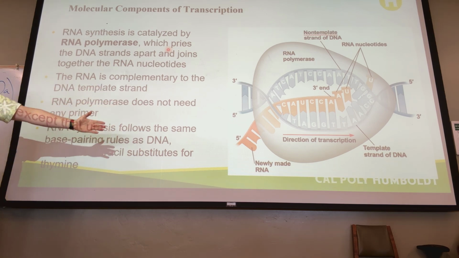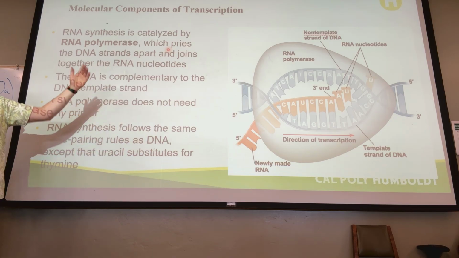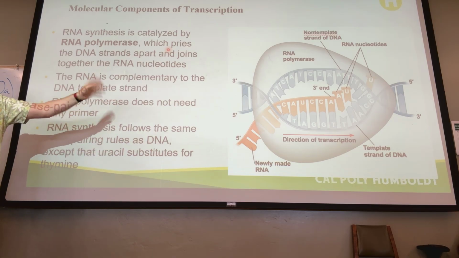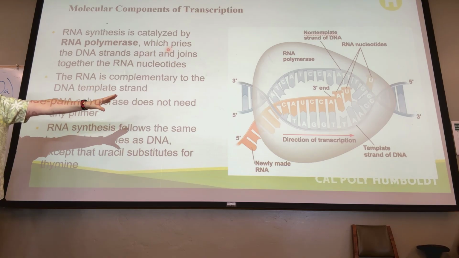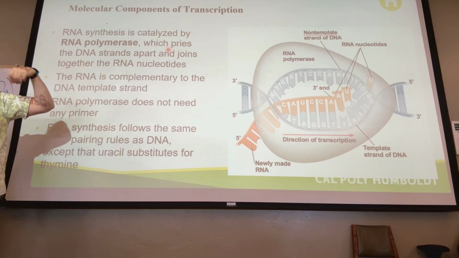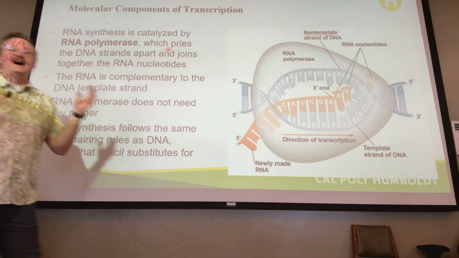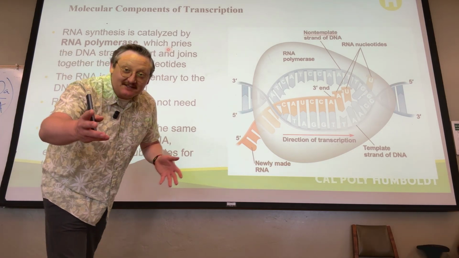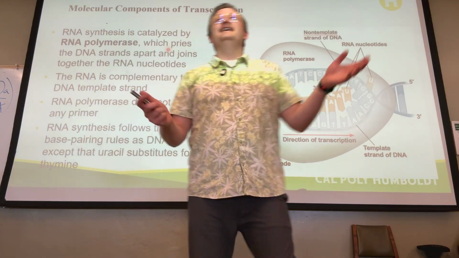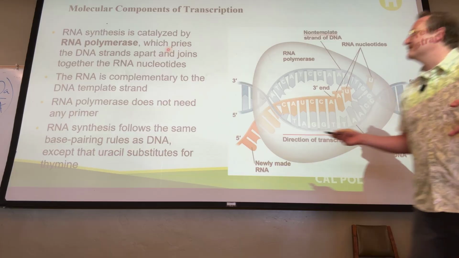Transcription doesn't use start codons. That's translation that uses start codons. RNA polymerase doesn't use a start codon to start transcription, okay? Ribosomes find a start codon to start translation. So I'm very sorry, for those of you watching the recording, to everybody out there, to the whole world.